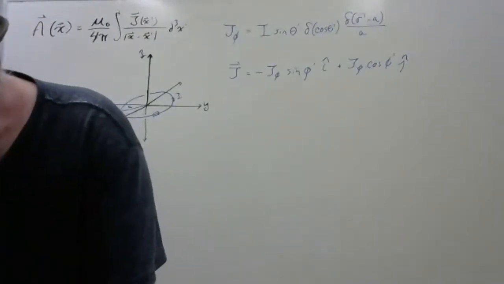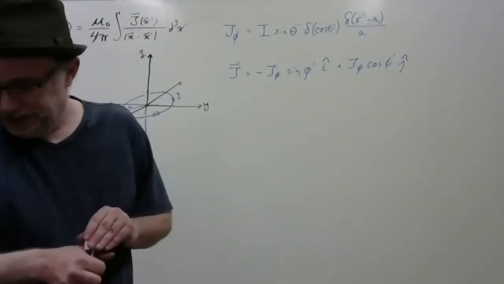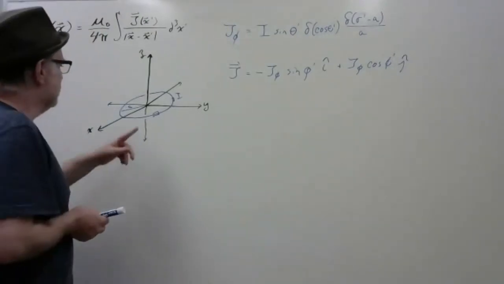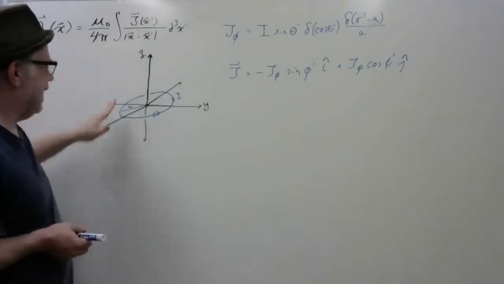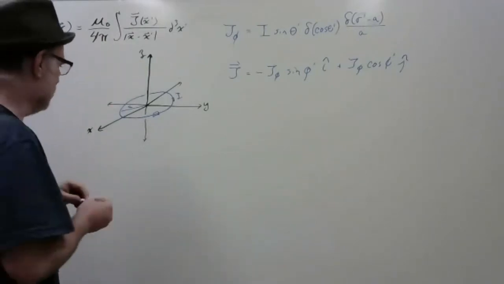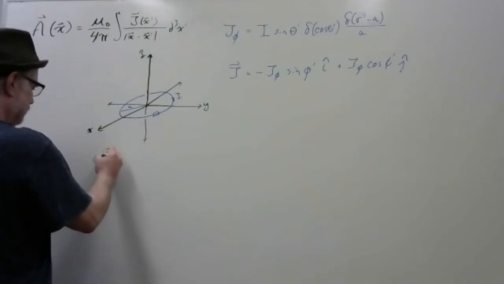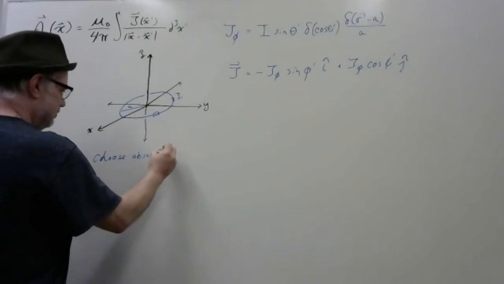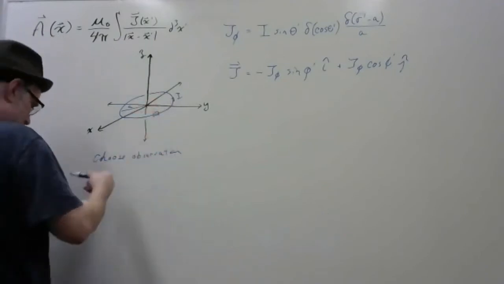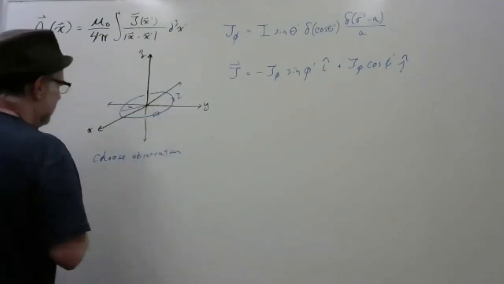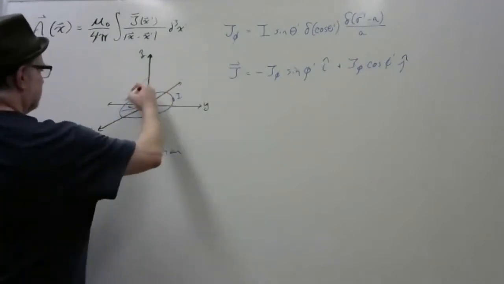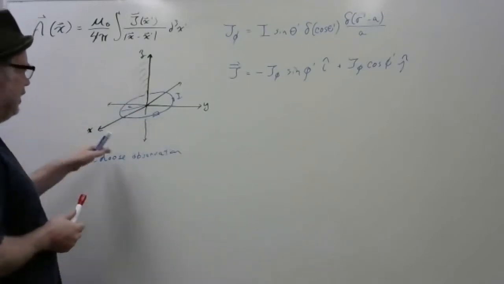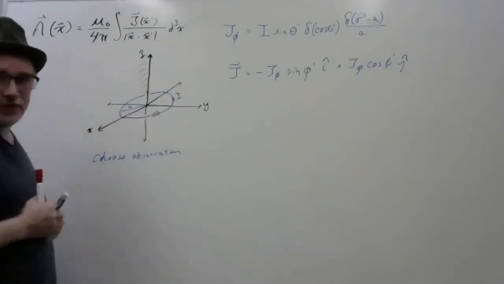And the geometry is cylindrically symmetric. So it's easier for us, just for convenience, to choose the observation point in the XZ plane. It doesn't matter what angle phi is, this is all symmetric.